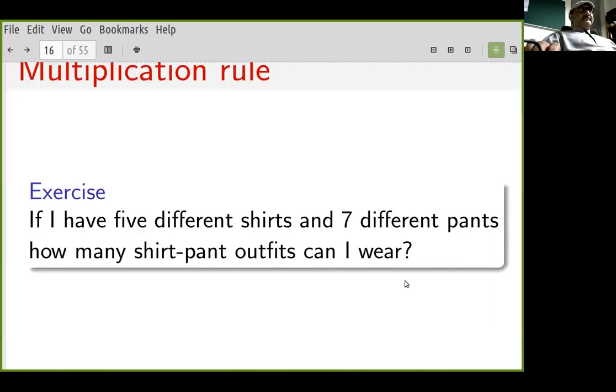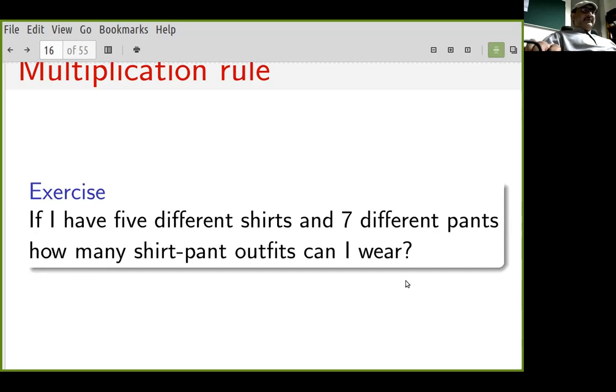All right, so let's try something. If I have 5 different shirts and I have 7 different pants, then how many shirt-pant outfits can I wear? Okay, so here, what's the experiment?